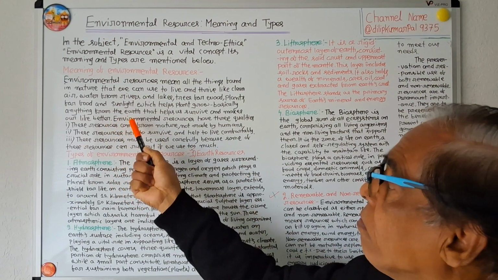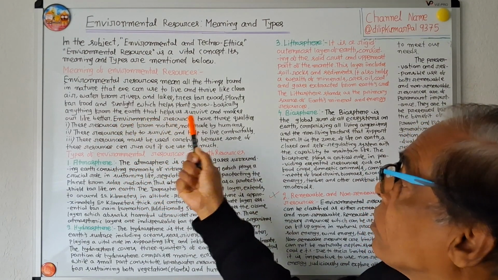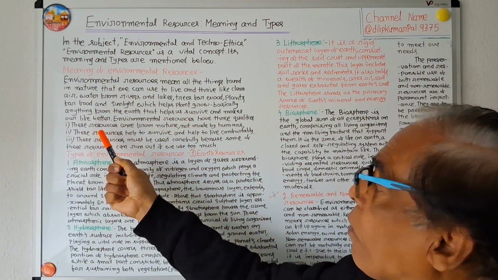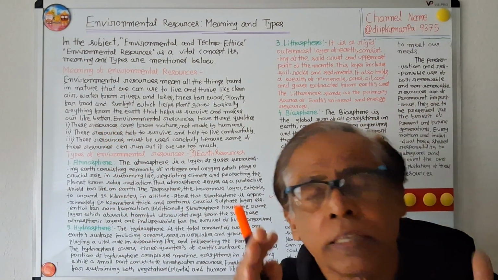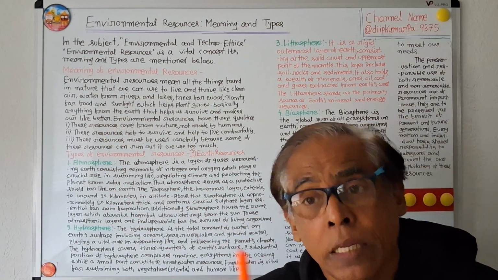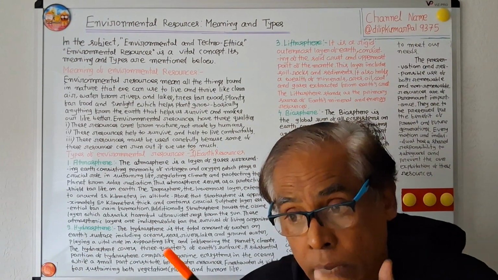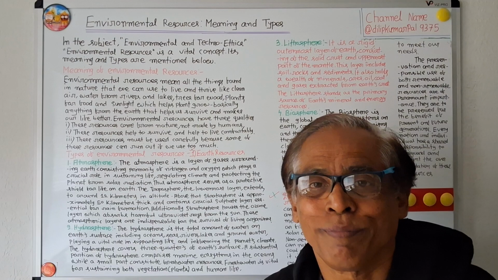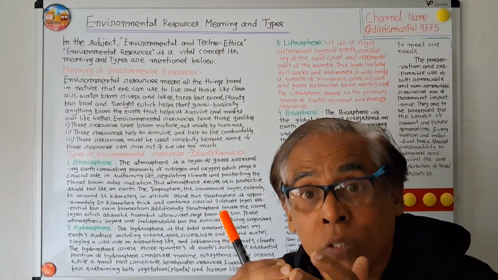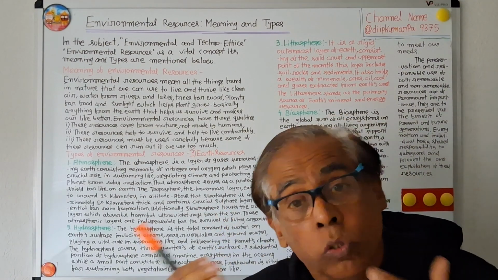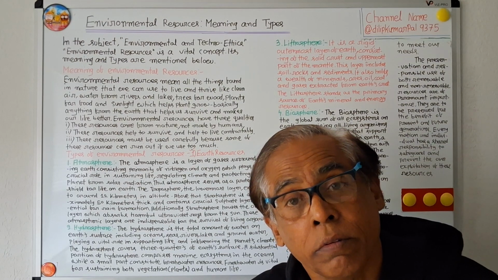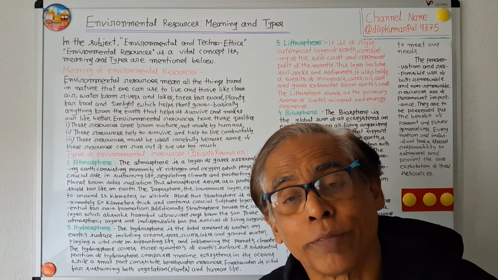Basically anything from the earth that helps us survive and makes our life better. So any resource of the earth or environment which helps organisms to survive is known as an environmental resource.